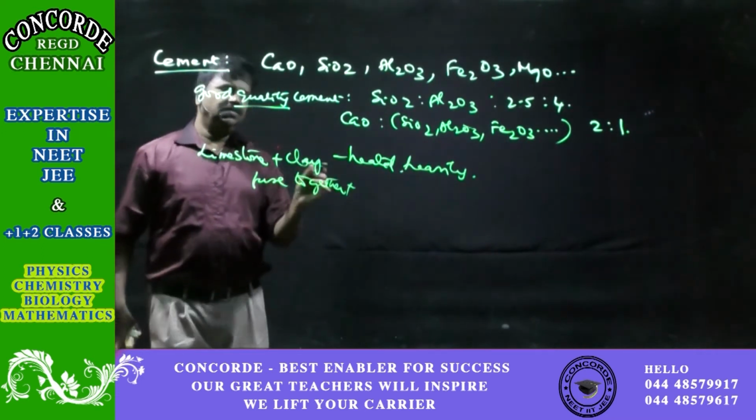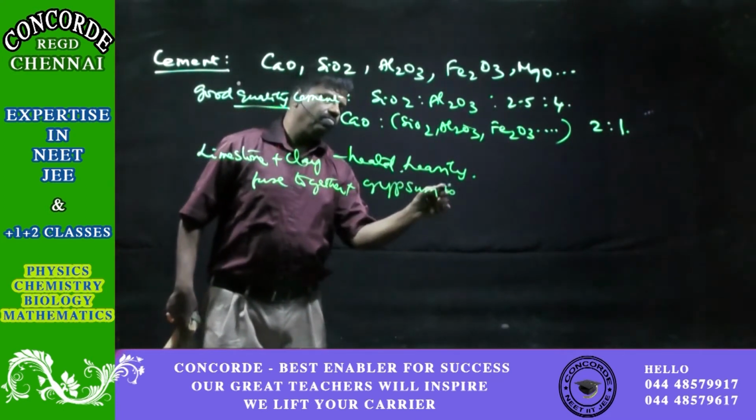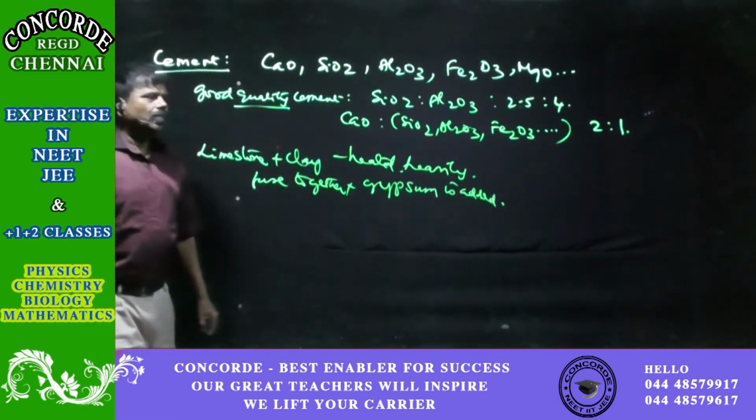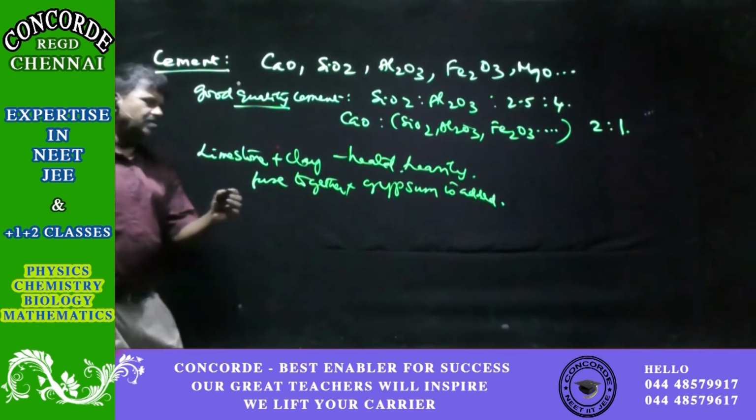Then to this, gypsum is added. So they are getting fused, and we get the clinker. The cement clinker. This fused mass is called clinker.